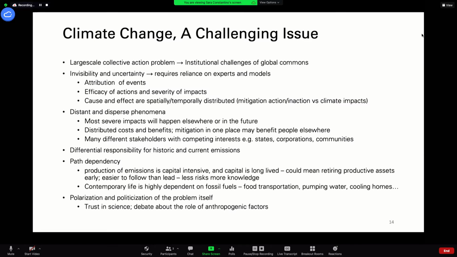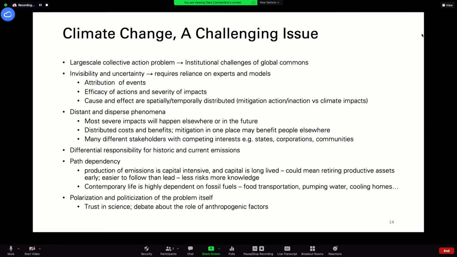There are also many different stakeholders with competing interests. So there will be winners and losers at many different levels: federal and international governments, states, corporations, communities, individuals, and all these entities will be impacted in different ways.